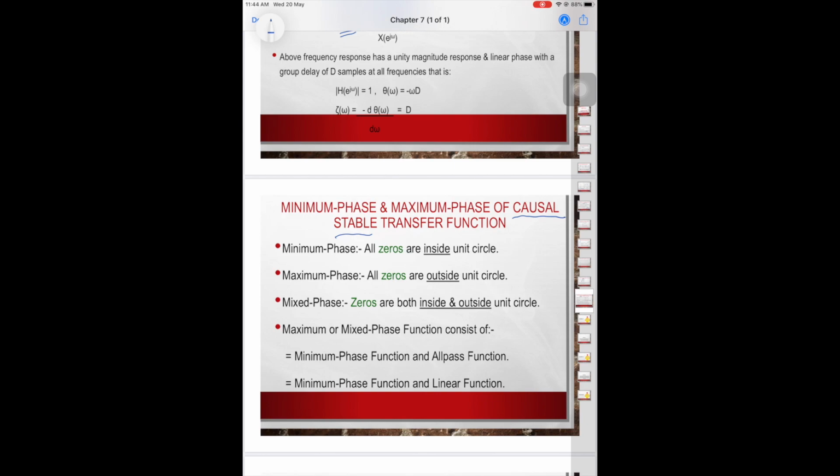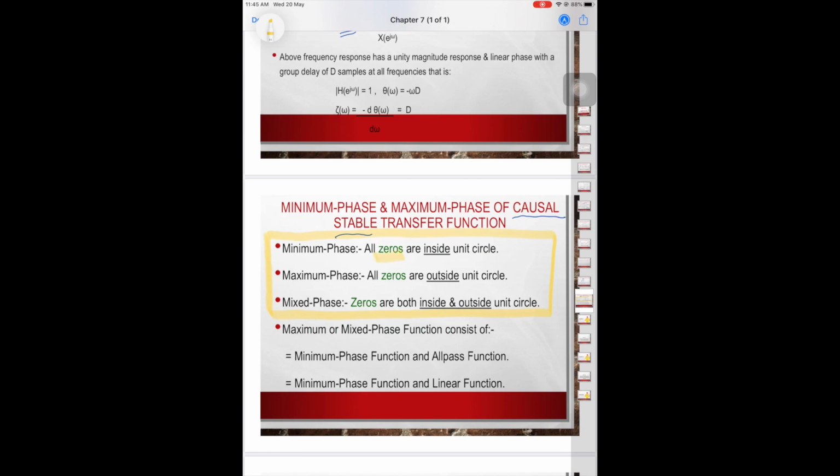First you must identify the condition. You must determine the phase of the system. You must remember the definition. These three definitions you must remember.